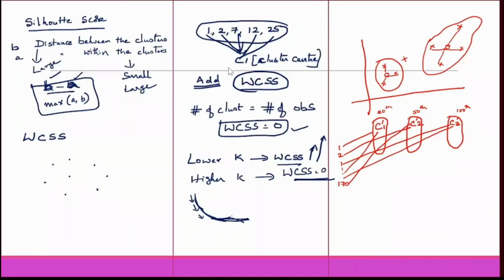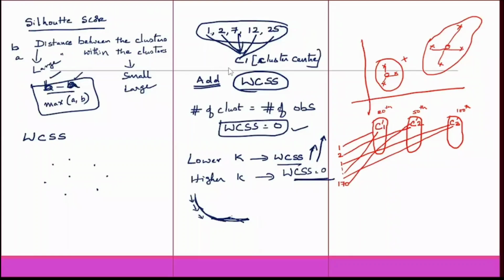Then I will again find the distance between the first observation and the new cluster centers, the second observation and the new cluster centers, the third observation and the new cluster centers. Based on that, we will know whether the first observation still goes into the same cluster which was used for computing the cluster center, or goes into the next cluster.